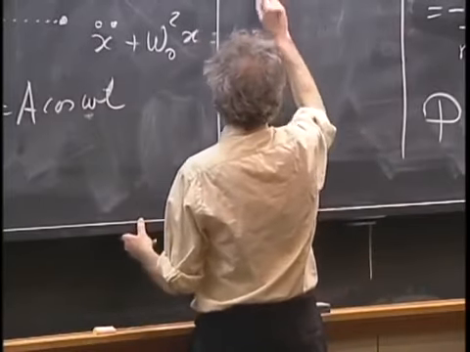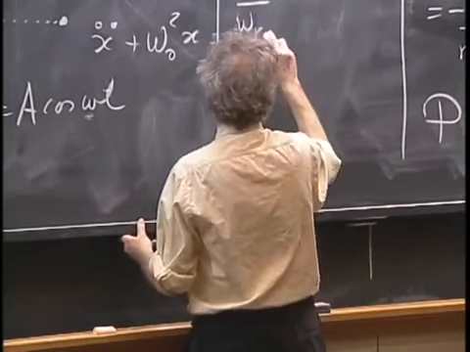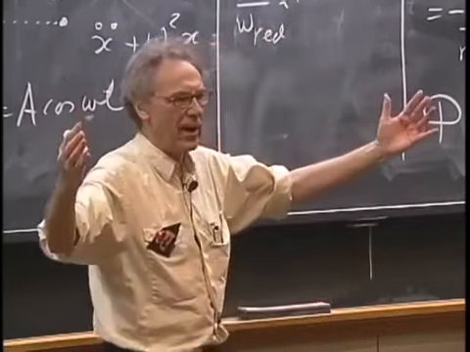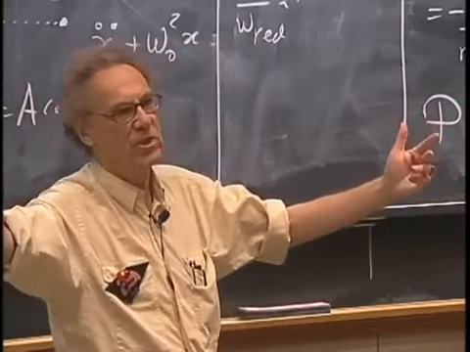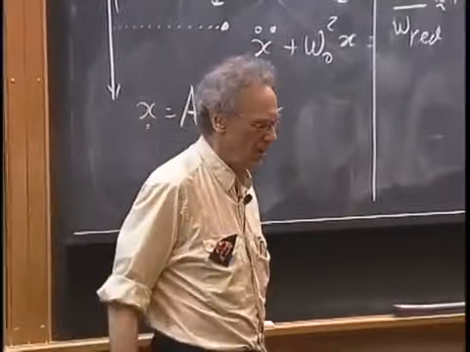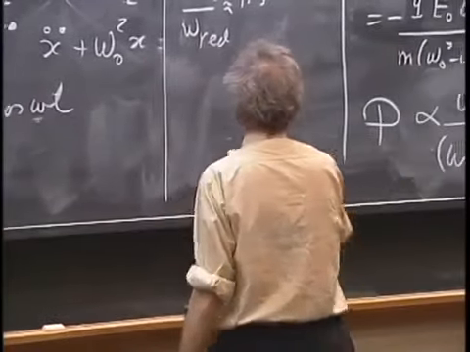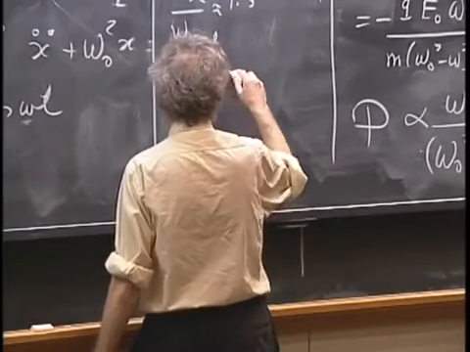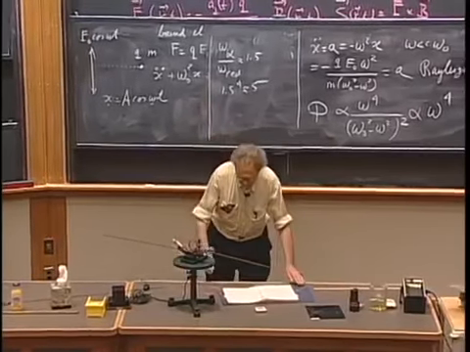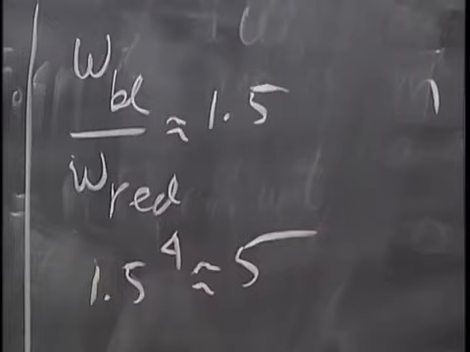Omega blue divided by omega red is approximately 1.5, taken on either side of the spectrum. About 6,500 angstroms is red and 4,500 angstroms is blue. And that means that 1.5 to the power 4 is about 5. And so the blue light has a 5 times higher probability to be scattered than the red light.